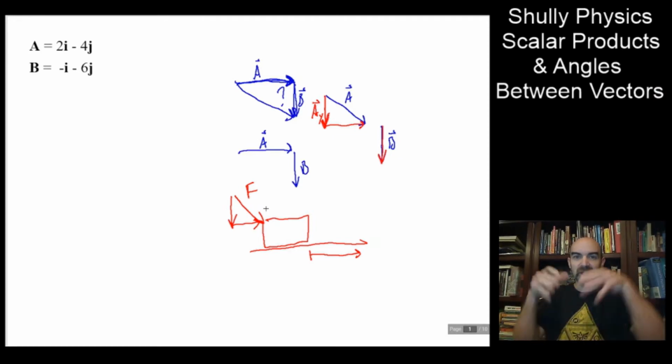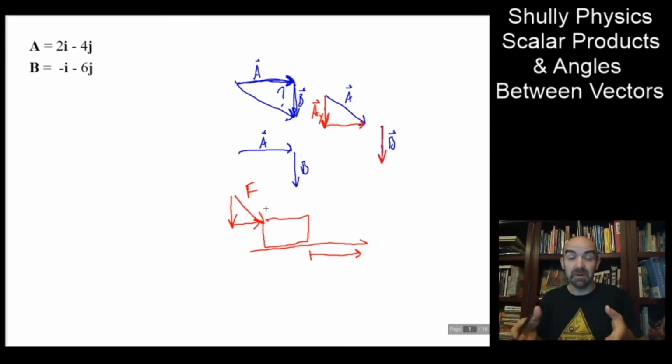Now if you push down on a box, it doesn't go anywhere. So in this case, the perpendicular components, the downward force and the sideways motion of the moving box, are going to cancel. There's going to be no result of that. So the perpendicular components, this downward component and the horizontal motion, won't give you any result.